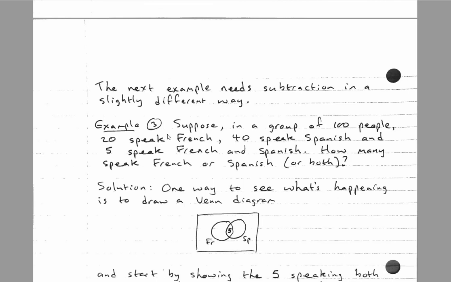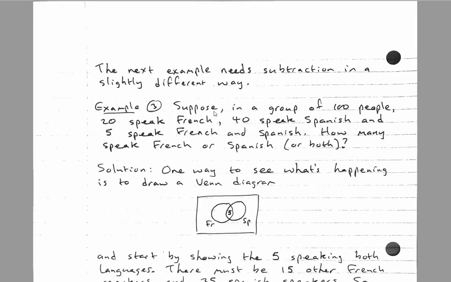Okay, example 3, subtraction can show up in a different way. Suppose in a group of 100 people, 20 speak French, 40 speak Spanish, and 5 speak both languages. How many speak French or Spanish?